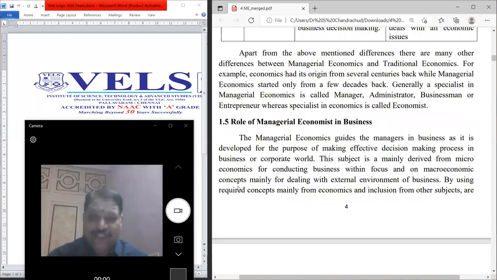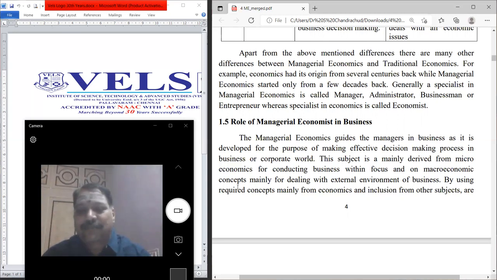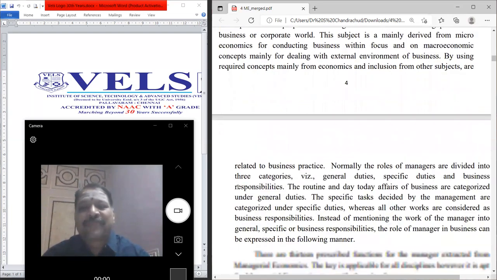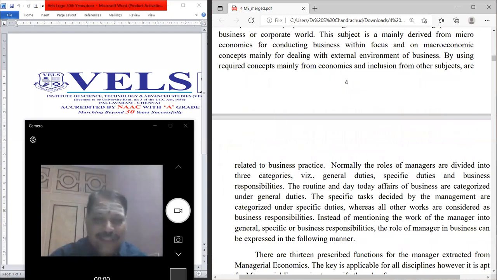This subject is mainly derived from microeconomics for conducting the business within its focus, and some macroeconomic concepts are also included, mainly to deal with the external environment of the business. So micro for the internal, macro for the external, by using the required concepts both in economics and other subjects related to business practices.